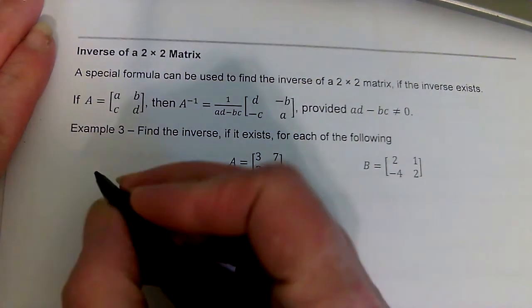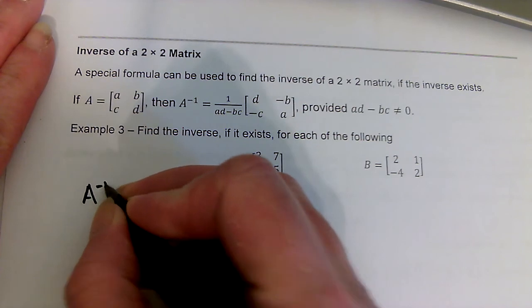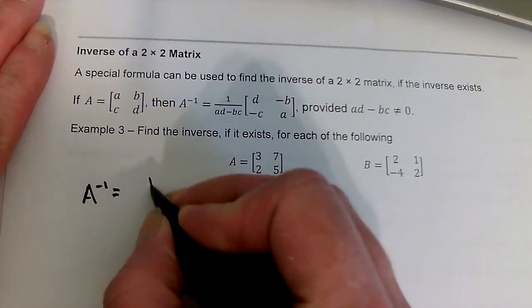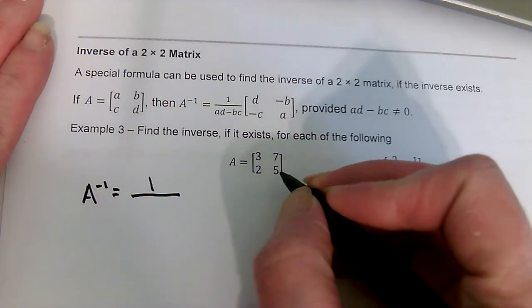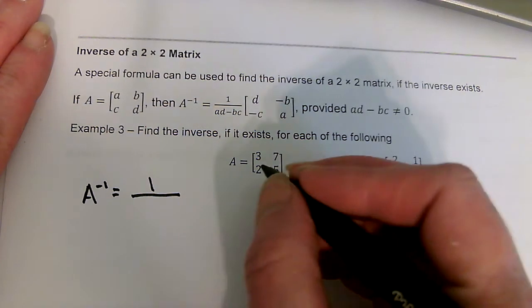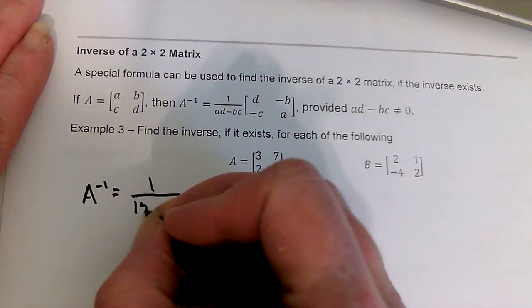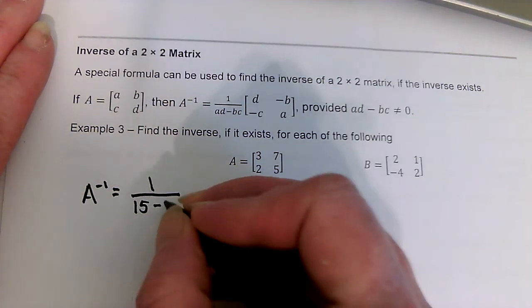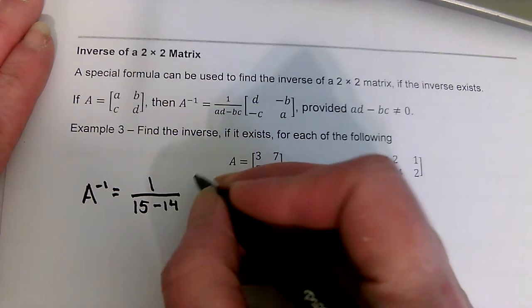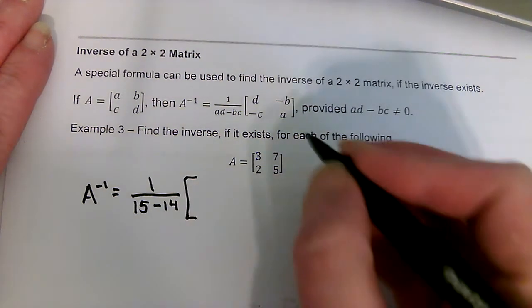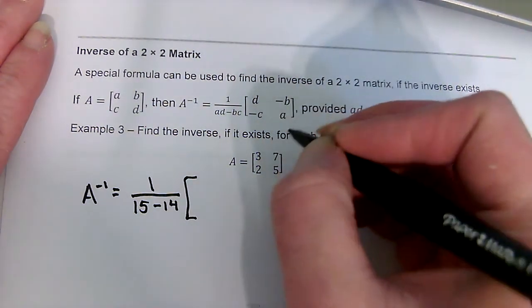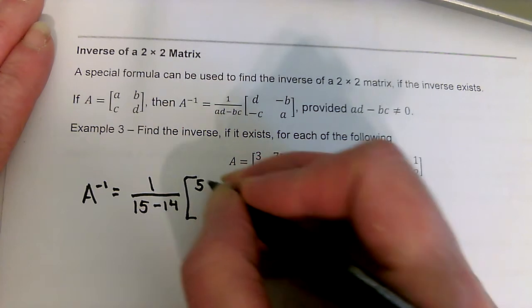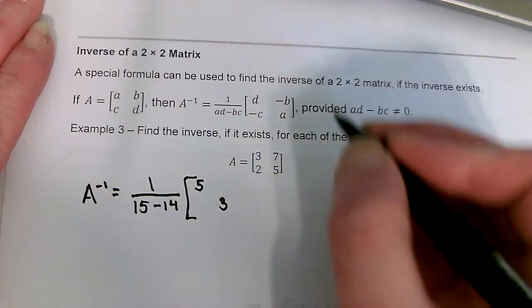So for A, we're going to do 1 over this diagonal minus this diagonal. So 3 times 5 is 15, minus 2 times 7 is 14. And then D and A switch places. So this becomes a 5 and a 3.